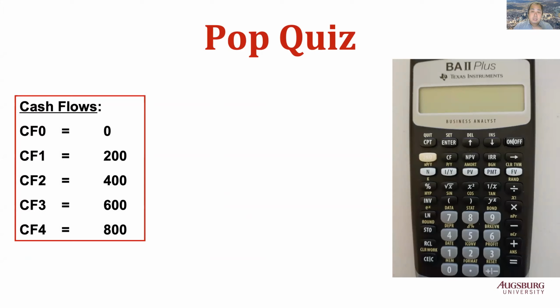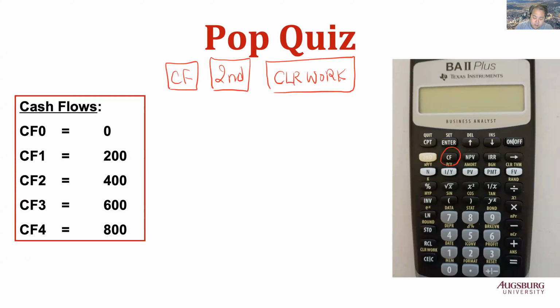So we can use the calculator from 0 to 4. We have to press the CF button. Then you have to press second, clear work. So second, clear work, and CF0 equals 0, so you just leave it as 0 and down arrow.